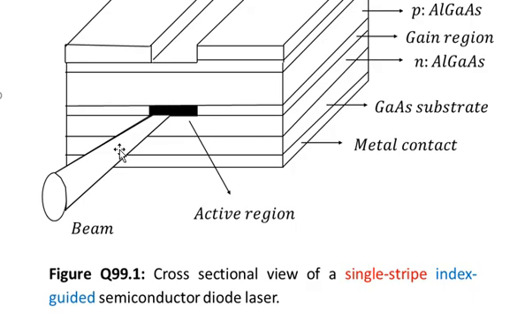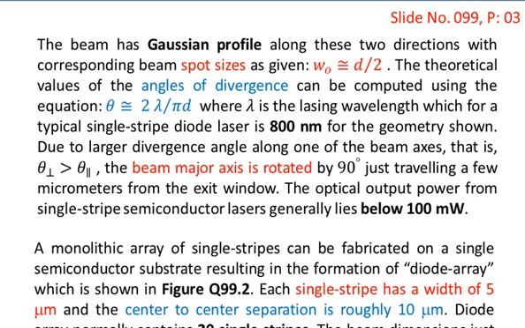So at the exit point, the major axis is converted into the minor axis, and the minor axis, which is along the vertical direction over here, is converted into the major axis. That is, the major axis is rotated by 90 degrees. So this is what I have mentioned over here: since theta perpendicular is greater than theta parallel, the beam major axis is rotated by 90 degrees just after traveling a few micrometers from the exit window.